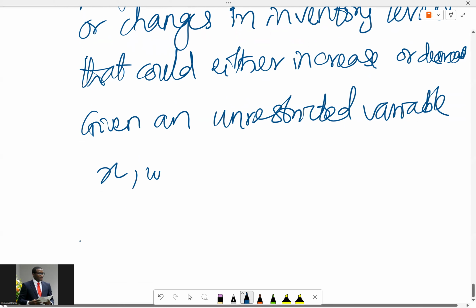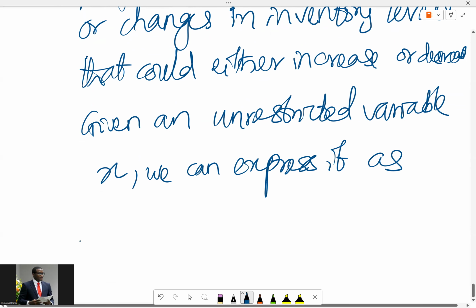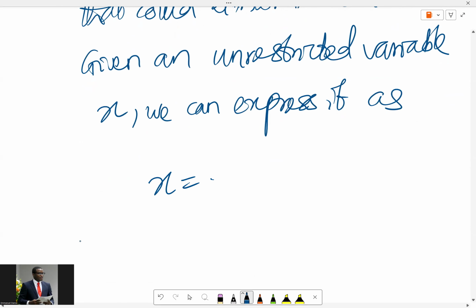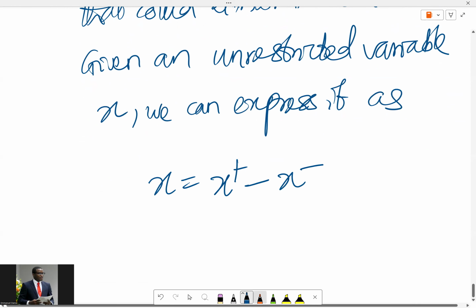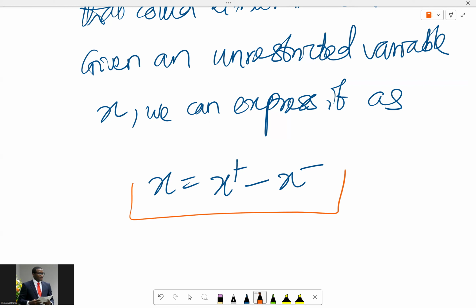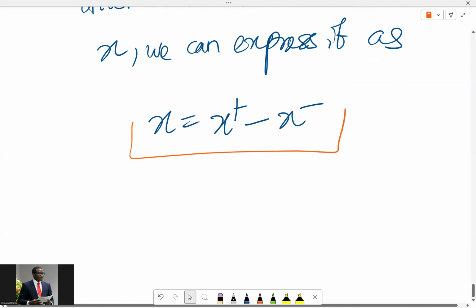We can express it as x equals x plus minus x minus. Whenever you know that a particular variable x is unrestricted, you can express it as the difference between the positive part and the negative part.